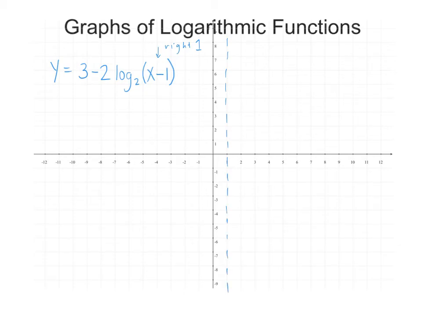Alright, I cannot log anything negative, so my x value needs to be bigger than 1 in order for this function to be defined. So my domain is going to be greater than 1. Now, my original 1, 0 point on my graph would have been right there.